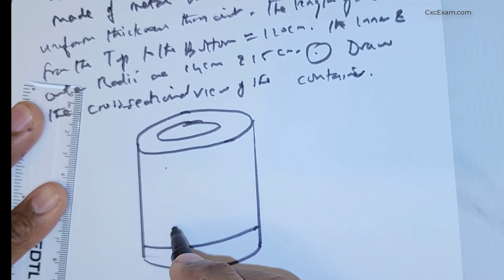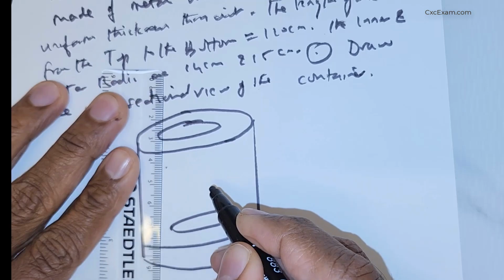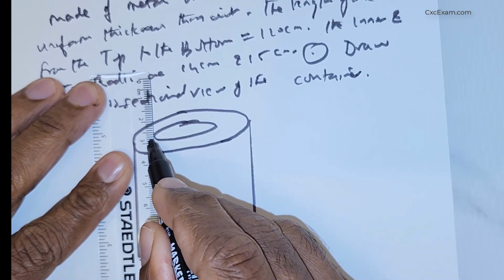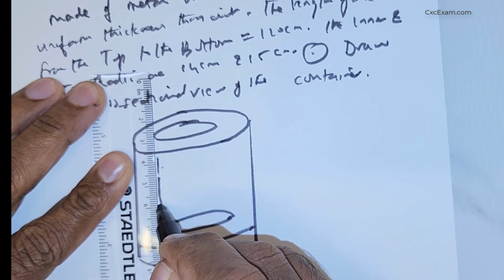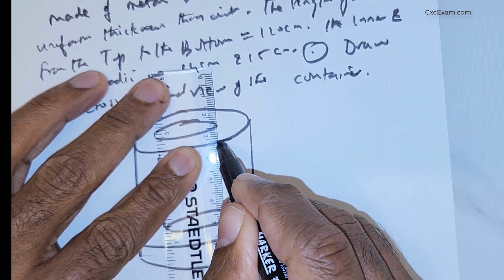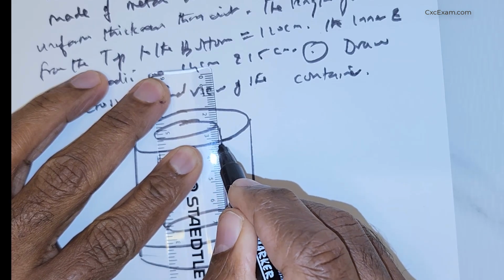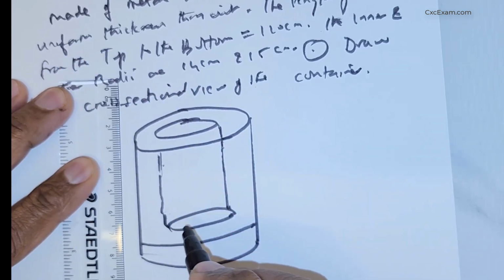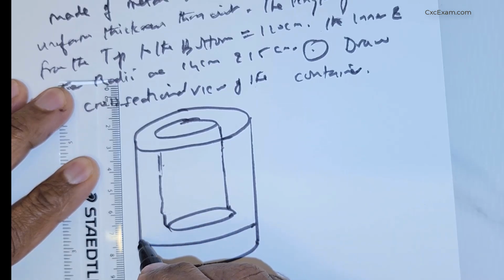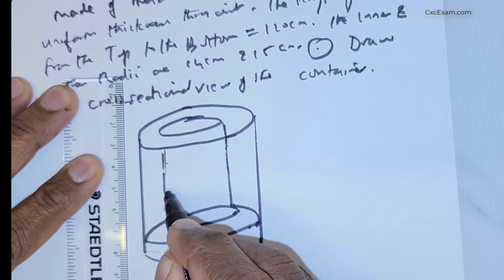So this directly corresponds to the inner circular section, and there is a drop like this. So you have two cylinders actually enclosed, and this is a rough figure.